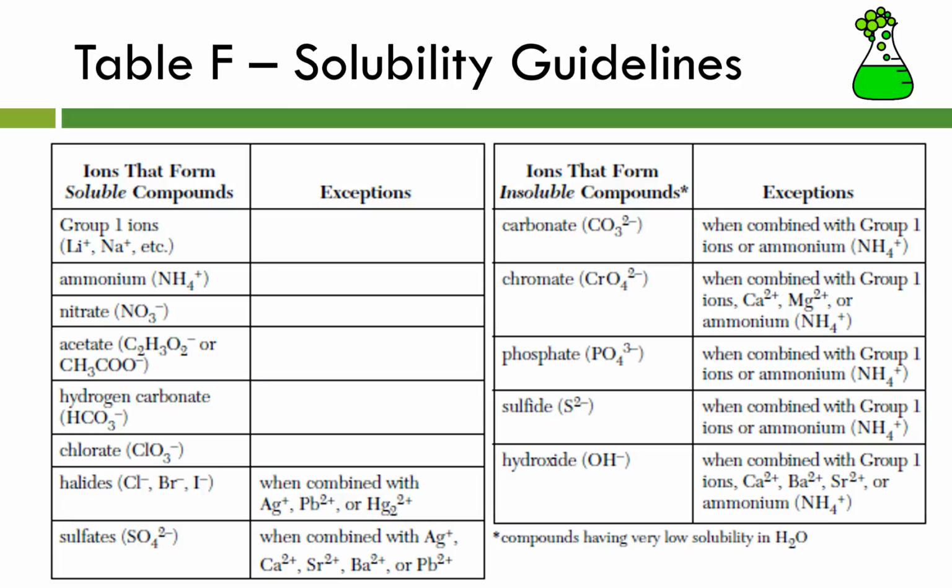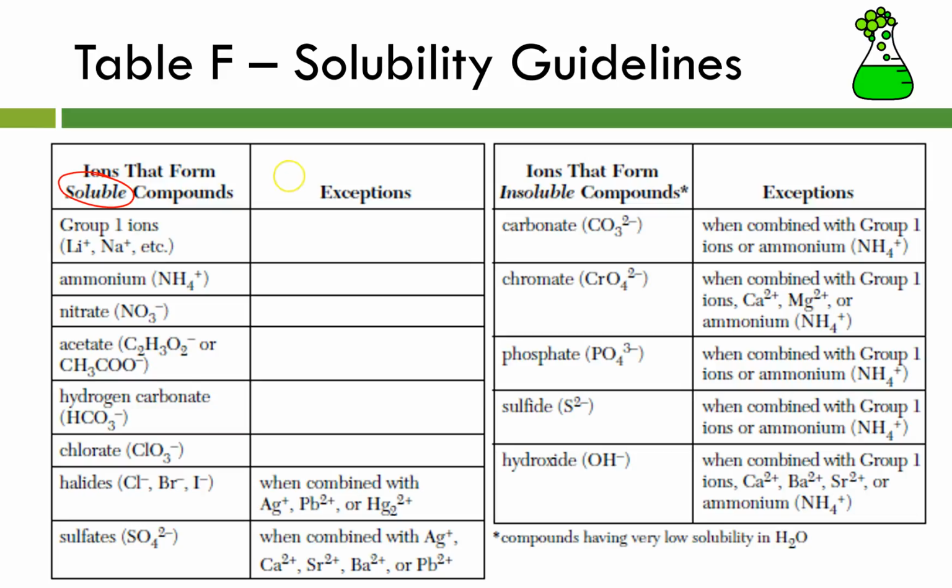You've got table F to help you with solubility, and here's how you're going to use this chart. So on the left-hand side, we have ions that form soluble compounds. And soluble means able to dissolve in water. So usually compounds that have group 1 ions, ammonium, nitrates, acetates, so on and so forth, they are going to dissolve.